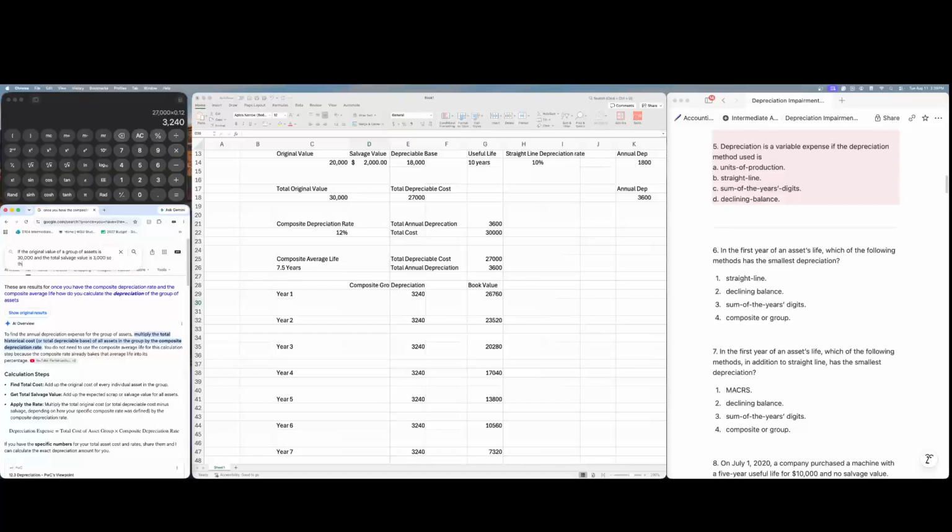So the total depreciable cost is 27,000. And the composite depreciation rate is 12%. What is the book value after 7.5 years?